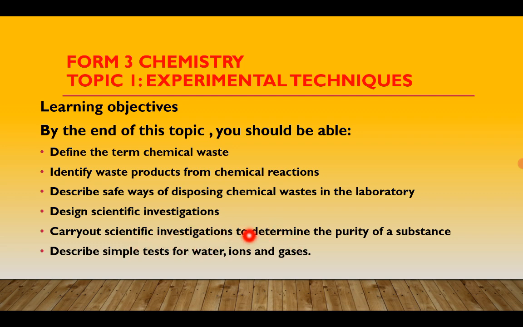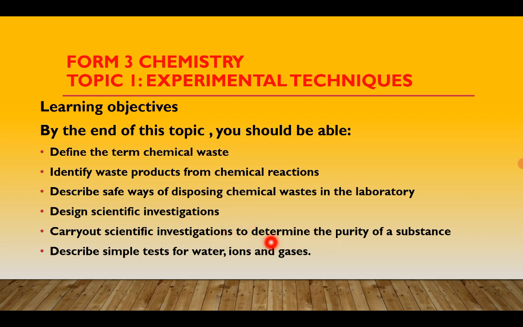All right. You should also be able to describe simple tests for ions. Remember, ions are charged atoms. All right, we have two types of them. You have what are called the anions, which are negatively charged, and the cations, which are positively charged. All right, so how can you determine their presence in a substance?